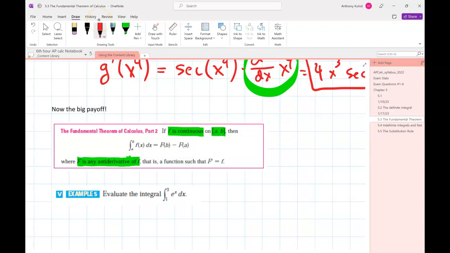Hold on a second. What is this now saying? That I can do the definite integral by just using antiderivatives. No more limits, no more sums, no more summation formulas, all of it gone. All we need are the antiderivatives.